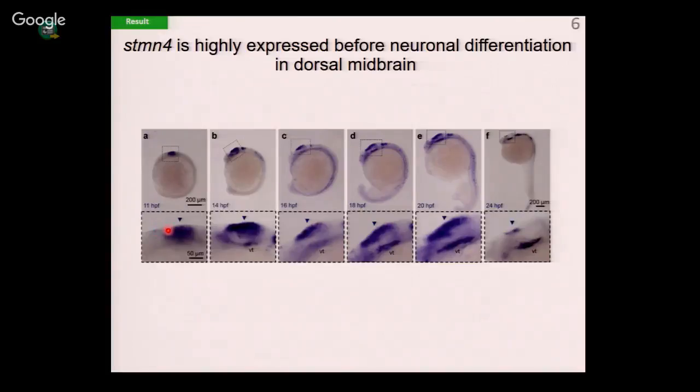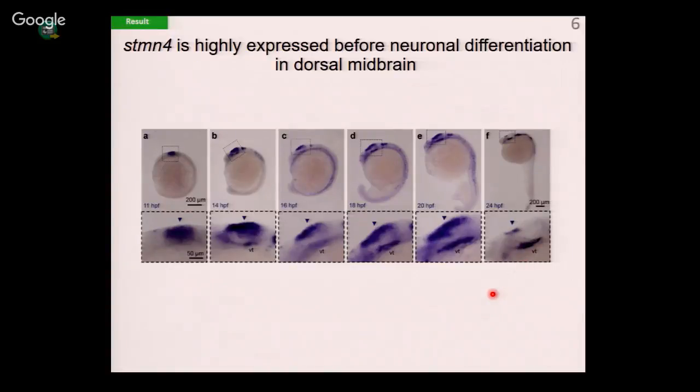Stathmin4 first appeared at the dorsal midbrain at 11 hours post-fertilization, and was then observed at the ventral tegmentum until 20 hours post-fertilization. At 24 hours post-fertilization, you can see Stathmin4 dramatically decreased, since neurogenesis of the dorsal midbrain happens in late embryogenesis.